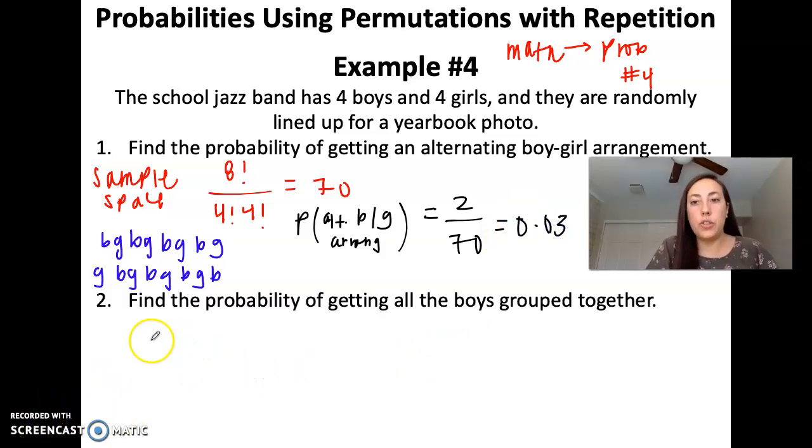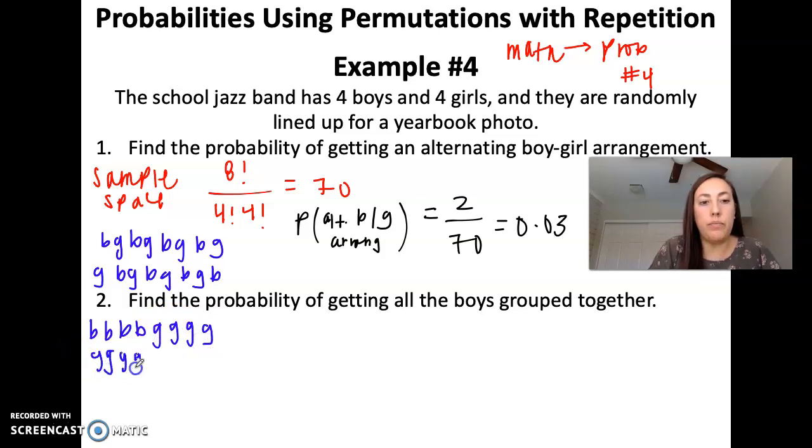All right, number 2, let's find the probability of all the boys getting grouped together. So let's draw this out and see what our event looks like. All the boys could be together at the front of the line and then the girls at the end, or opposite. And then we can move the group of boys from there.